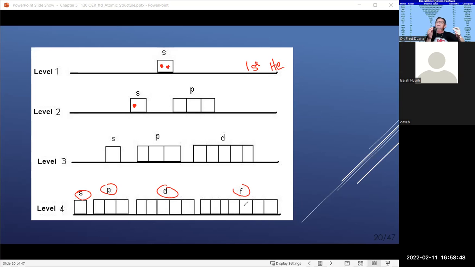So that is lithium. The next one would be beryllium, where I can put my other dot there in the S, and that's beryllium, number 4.